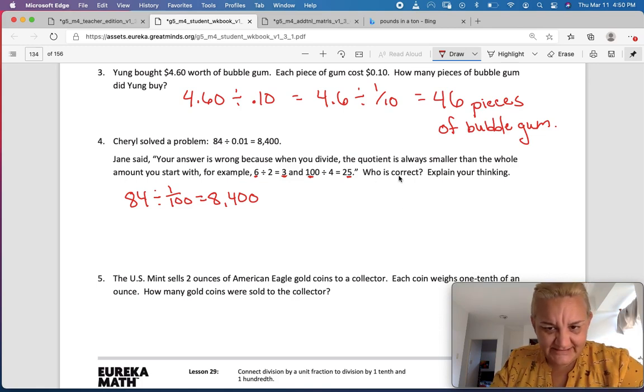Is she correct? Because when Cheryl solved the problem, she got 84 divided by 1/100th equals 8,400. Well, who's correct? Well, we know Cheryl got the right answer. We've been practicing it. So Cheryl's correct.